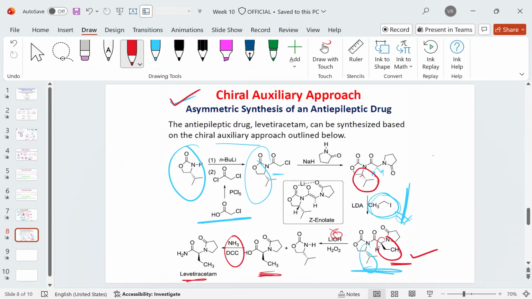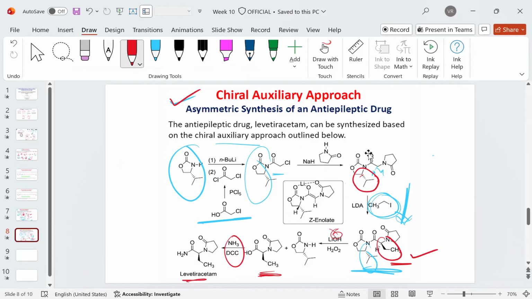So we now have the toolkit for our retrosynthesis. Now let's take some examples of retrosynthesis. If you have any doubt, please let me know. We'll take some questions if you have any doubt, so we can discuss it right now. Do you have any doubt regarding this asymmetric synthesis?